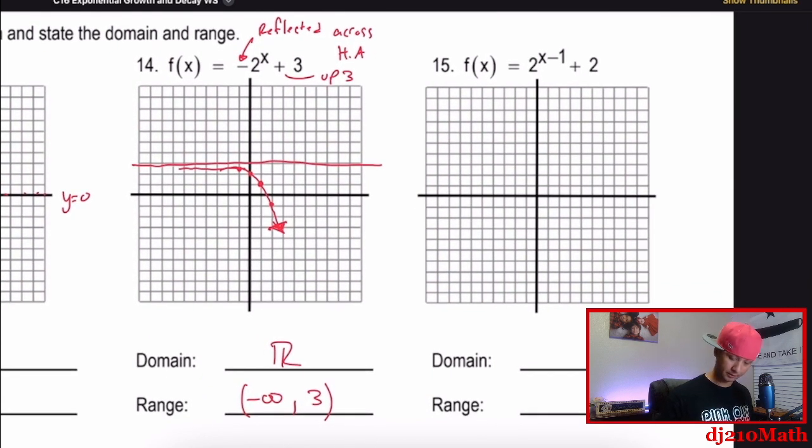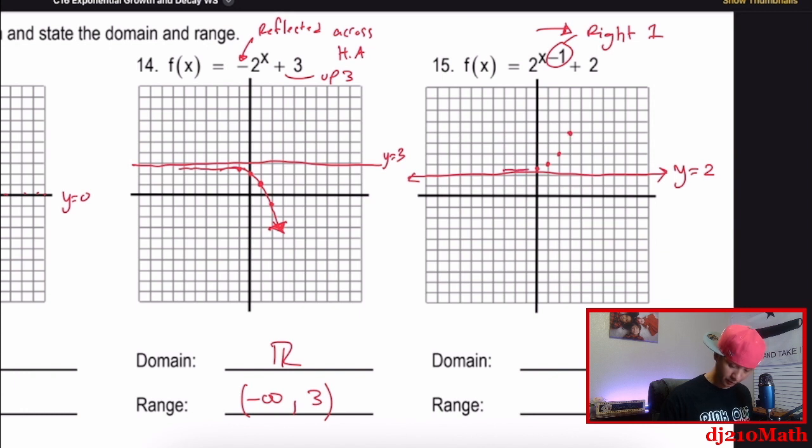Number 15. So up to, that's the first thing I see. So up to, horizontal asymptote is up to. And then to the right, 1. Right, to the right, this way. 1 unit. So 1/2, 0, 1.